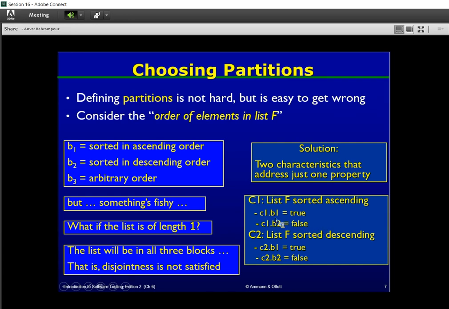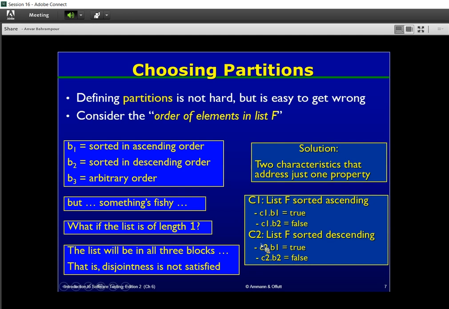Okay, the property is true for block B1, but it is false for block B2. So obviously these 2 blocks could not overlap with each other, and could not have some sets in common.